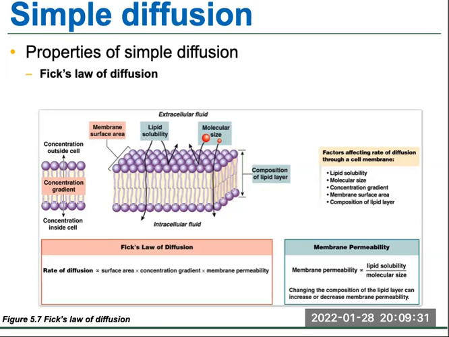And membrane permeability to the molecule depends on the molecule's lipid solubility, its size, so the molecular size. It also depends on the lipid composition of the membrane. So naturally, lipophilic molecules are going to more easily move by simple diffusion across lipids.